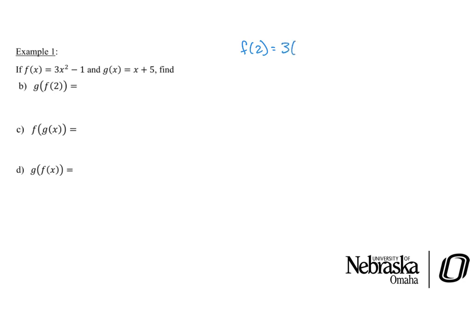So we have 3 times 2 squared minus 1. 2 squared is 4, so 3 times 4 is 12. 12 minus 1 is equal to 11. So f of 2 we just found was 11. So g of f of 2 is the same thing as g of 11, plugging 11 in for x in the function g. So we would get 11 plus 5, so g of 11 is equal to 16.